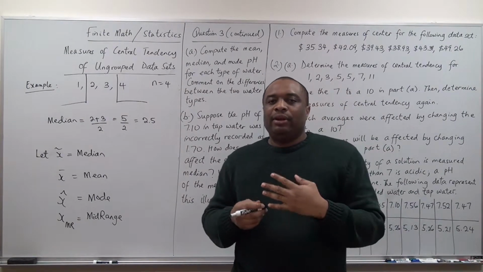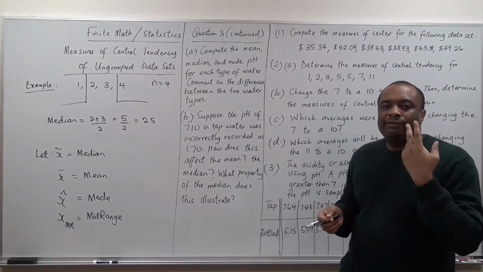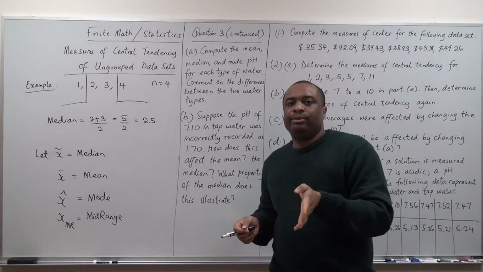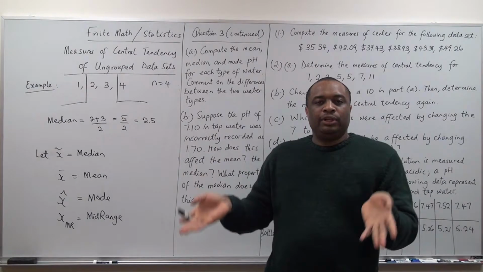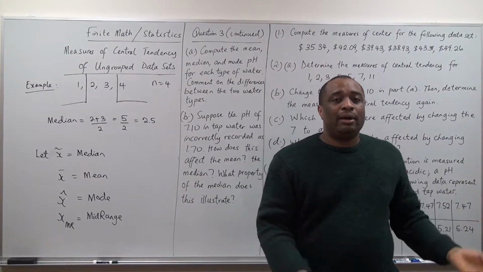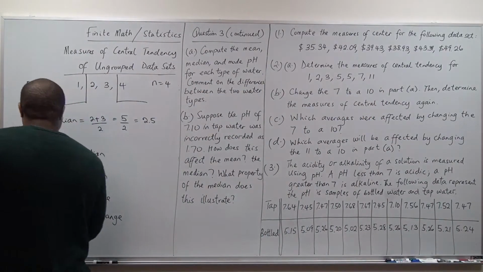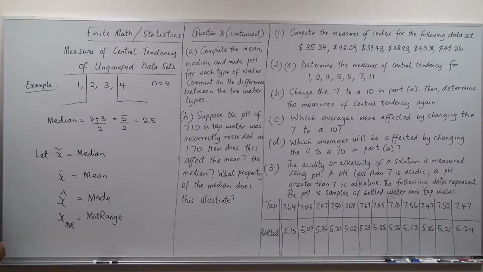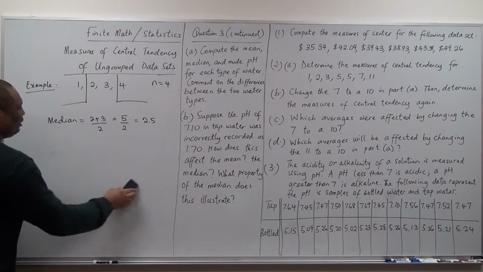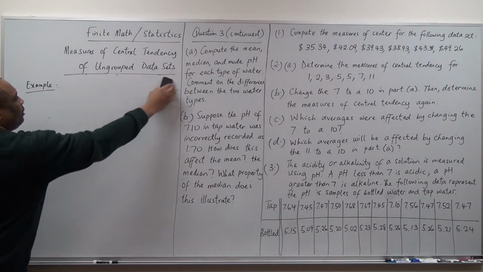If the number of data set values is even, then you will have two values in the middle, and the mean of those two values will become your median. Now, there's another way we can find this. Let's do another example of median, so I'll make sure that you've understood it very well.